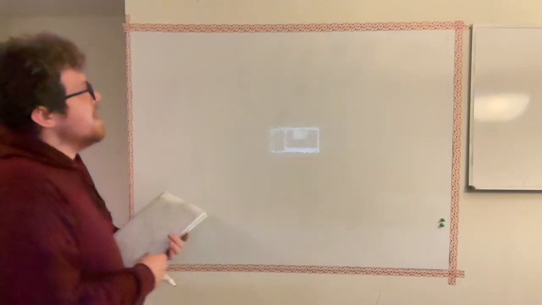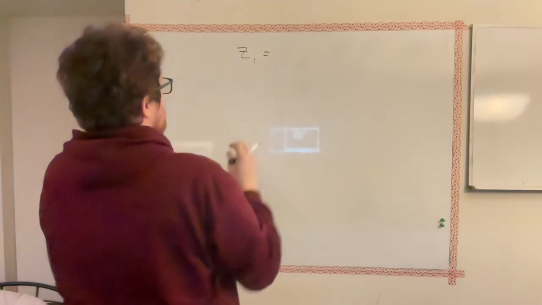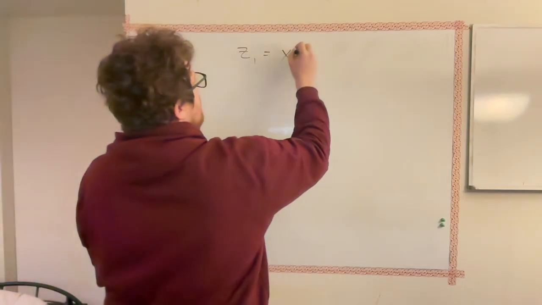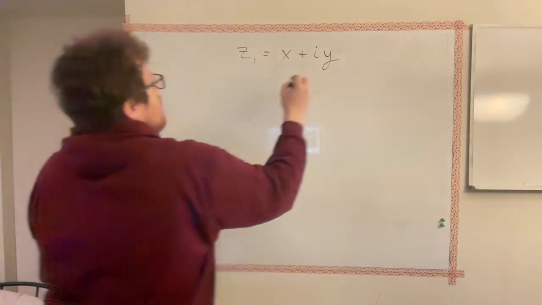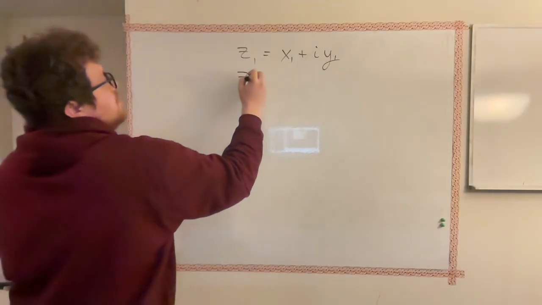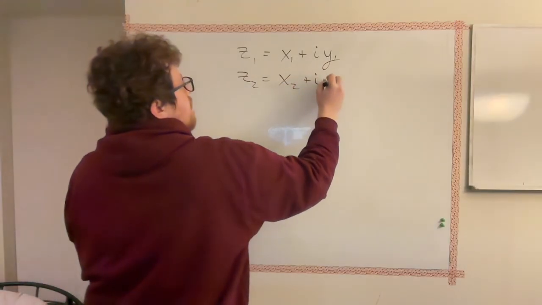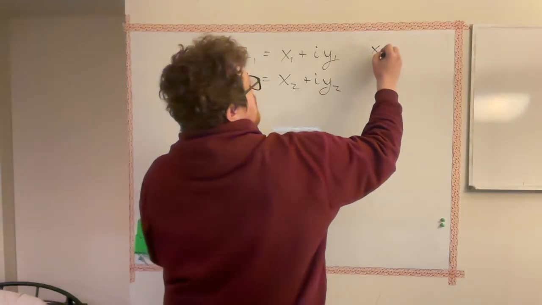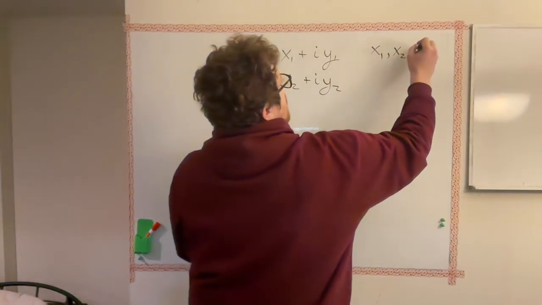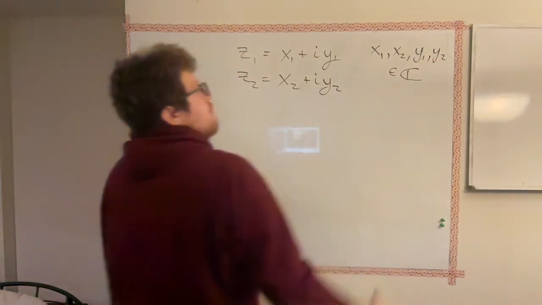So yeah, we have all these. Let's call it z1, I guess, is some x plus iy, and let's say we have another one, or maybe I'll call it x1, y1, and z2 is some other complex number. So all of these are real numbers. Or sorry, real numbers.